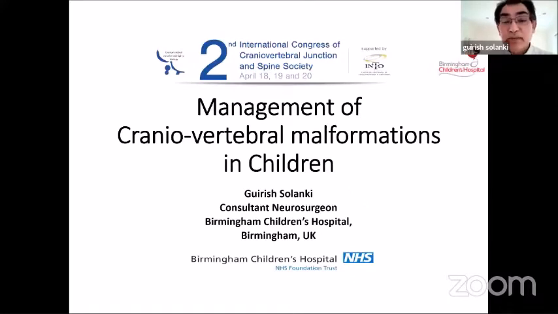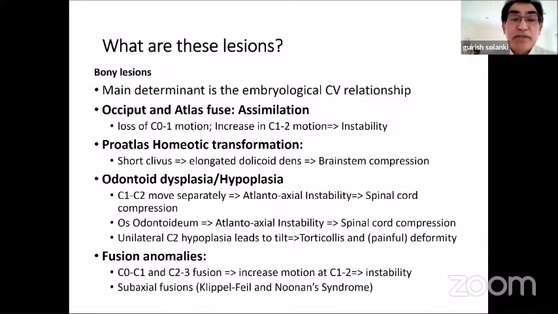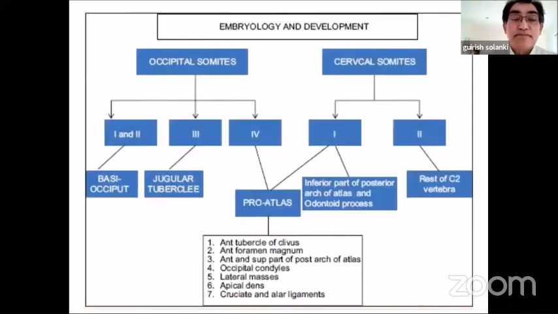And we presented some of our data in terms of craniovertebral malformations in the children leading to Chiari and syringomyelia. And again, the occipital assimilation, occipital fusion with the atlas and the homeotic transformations were the significant causations of the bony lesions leading to that.